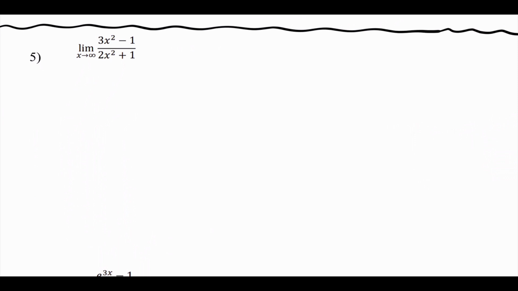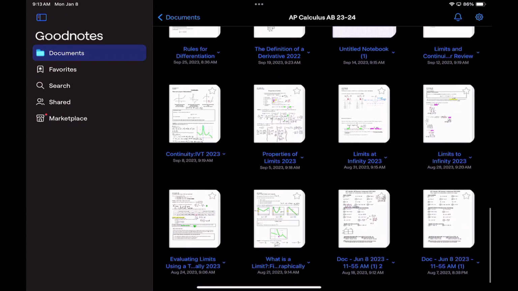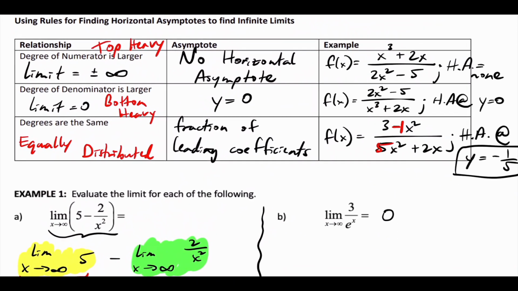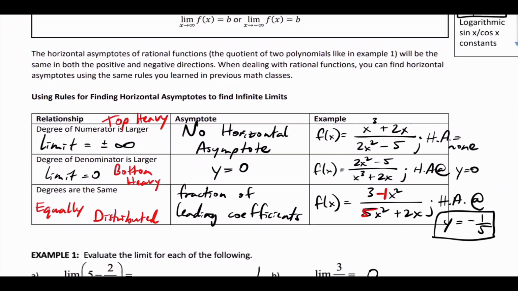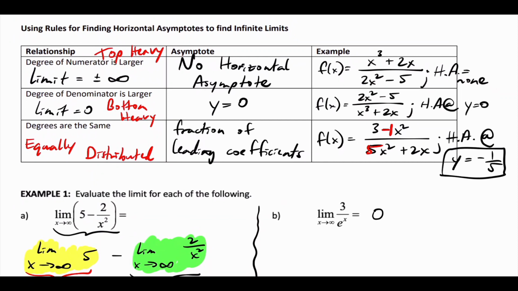Bottom heavy, we looked at 3 options, right? Is it bottom heavy? Is it top heavy? Or are they equally distributed? So buried somewhere deep in your notes, it depends how organized you are, you have this table here, it's one of the limits to infinity.